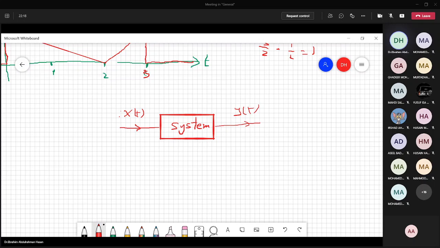When the input is equal to u of t, then the output we call the step response, y u of t. Differentiate here between two things: the step function, which is u of t, and the step response, which is y u of t. We just use y u to differentiate between the two. So this is the output when the input is u of t.